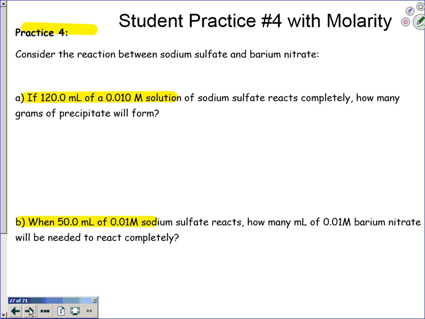So using charts now. It's balancing reactions.